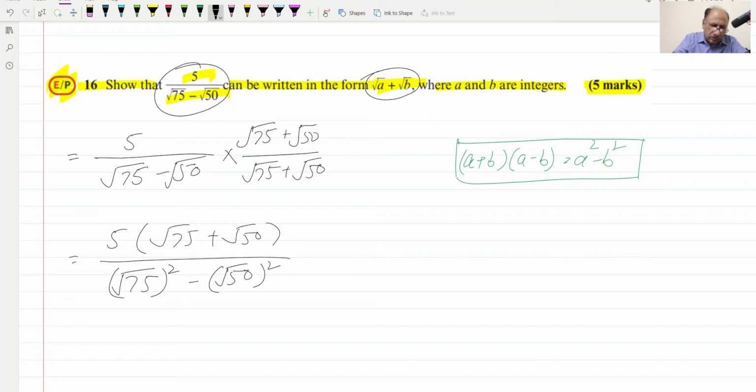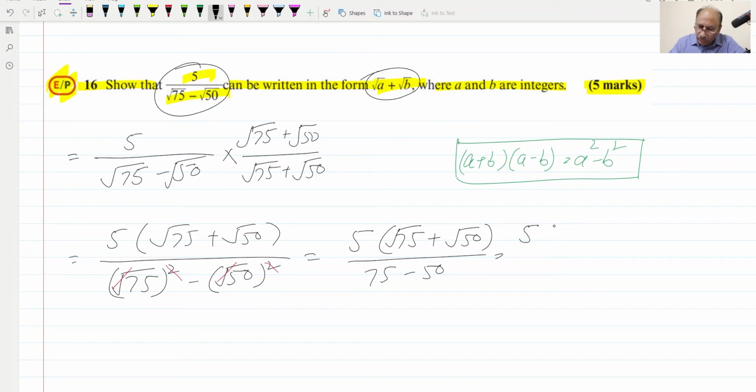Root and square will cancel. This will be cancelled with this, and this will be cancelled with this, and we can write the next step as 5 into root 75 plus root 50, and over this will be 75 minus 50, which will be equal to 25.